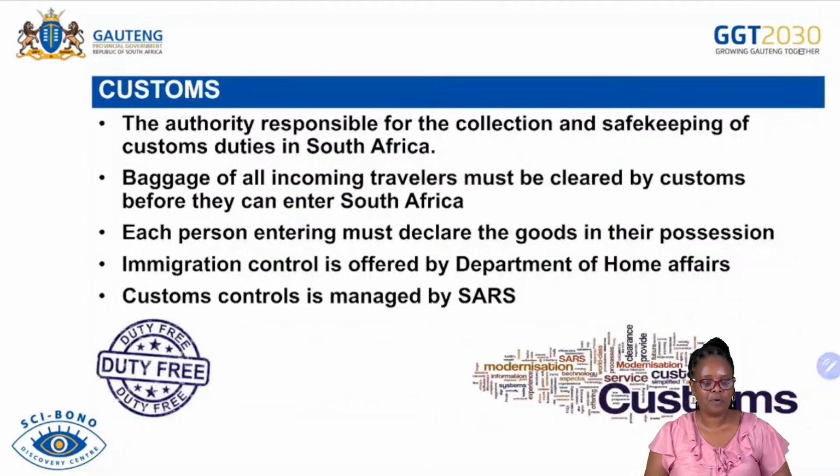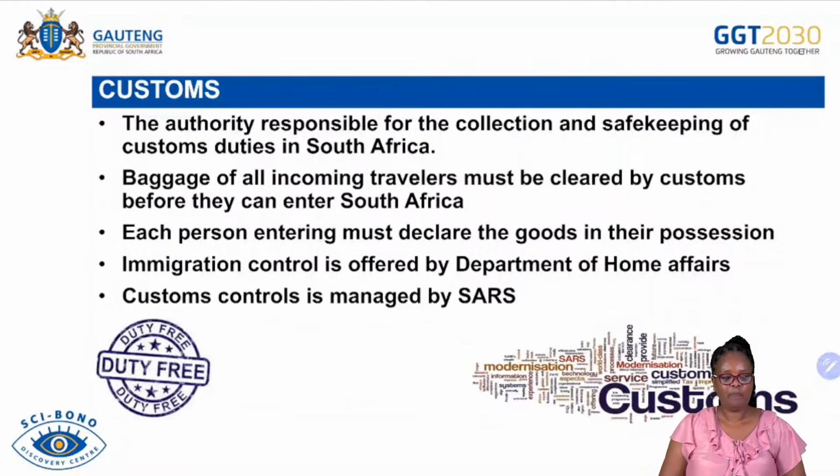So they have to go through the customs. Each person entering must declare the goods in their possession. Whatever you have on you must be declared. You cannot just bring anything to the country. So you go through the customs to declare what you are bringing into the country.